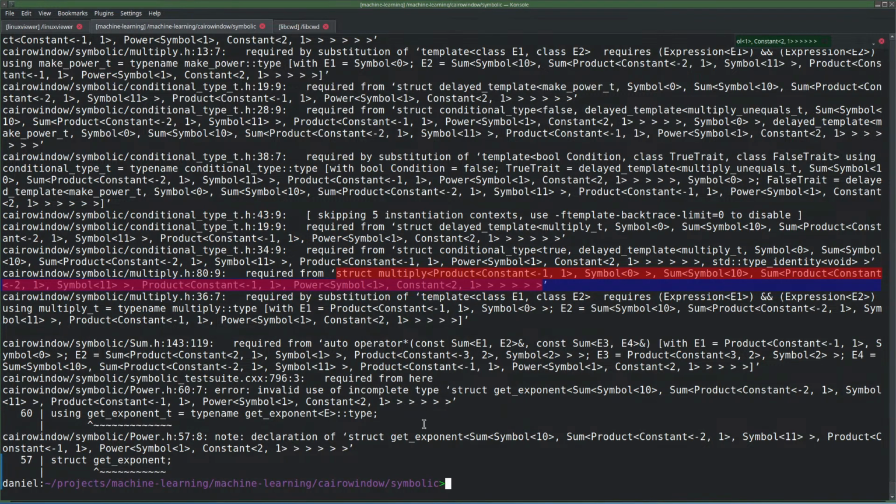But in order to find out why that exactly happens, I want to add a static assert and then stop there. You know, okay, this is where we get. This is the point that we pass.